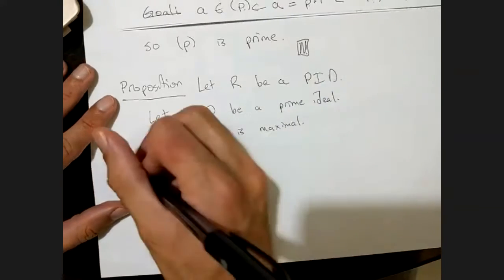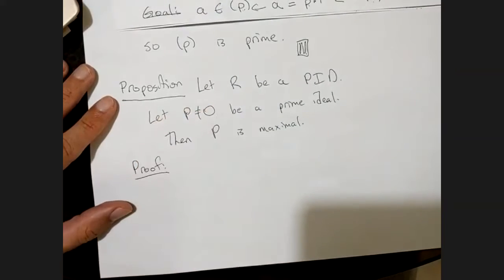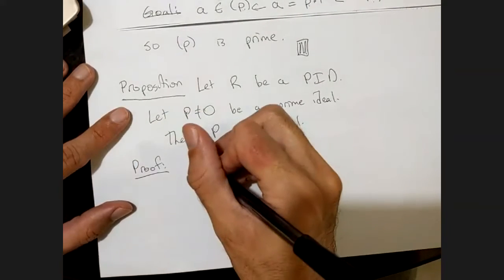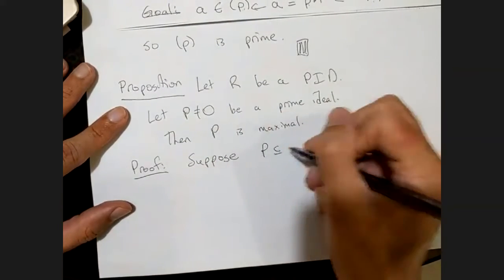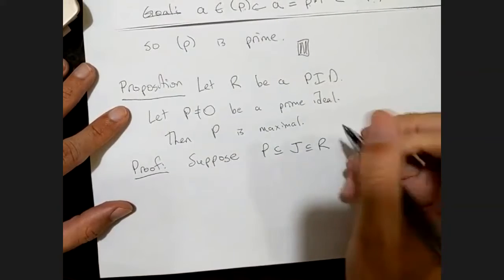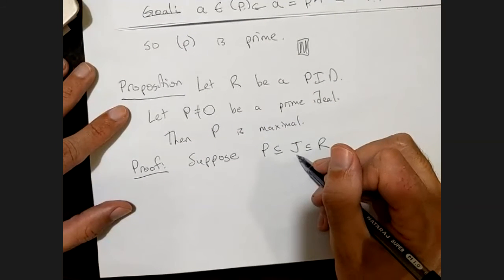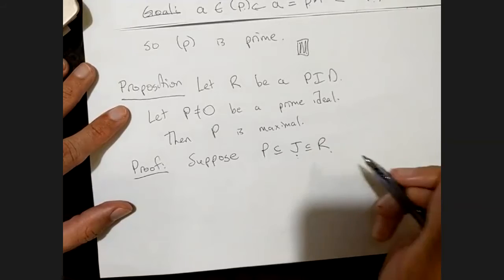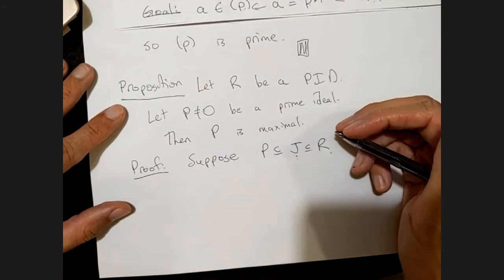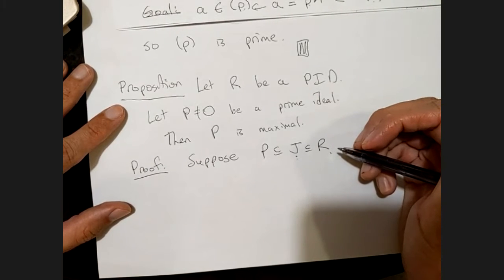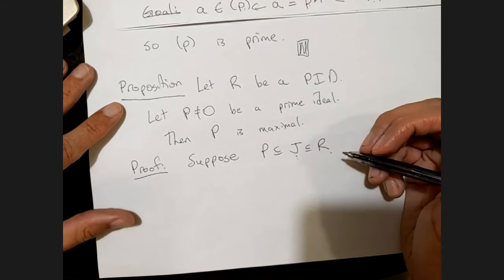So for this proof, we have to suppose that we have P contained in J contained in R, and we have to show that either J equals P or J equals R. Actually, if you go back through the proof that every irreducible element generates a prime ideal, we have already done this, but let's just see what happens.